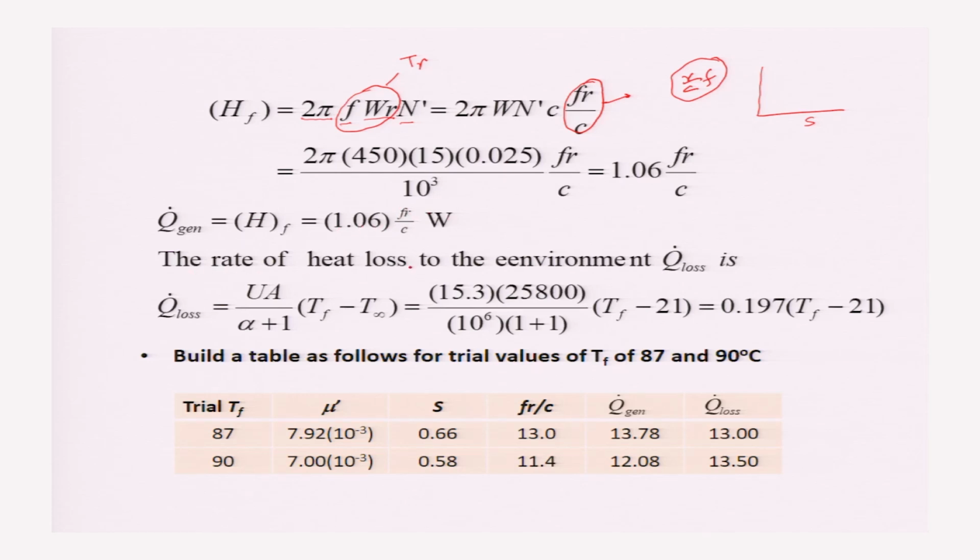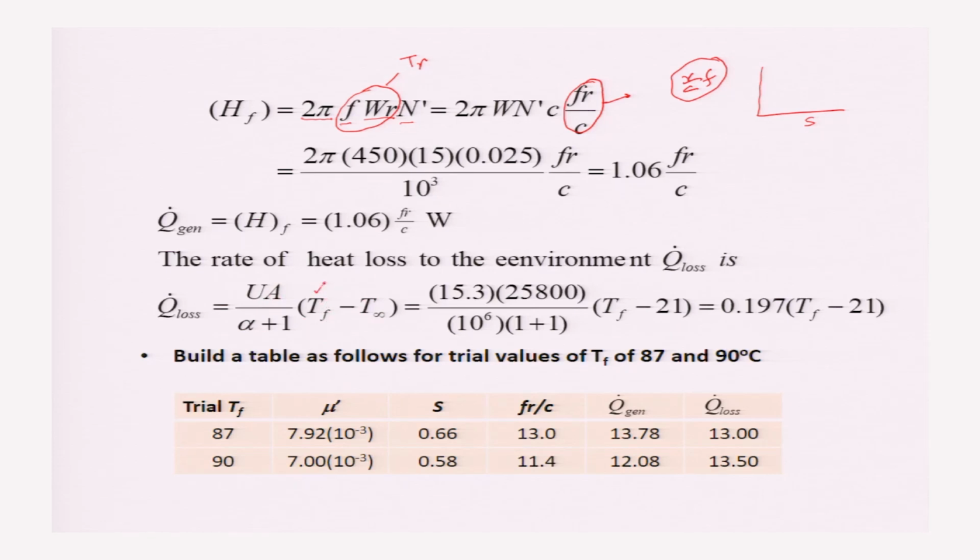Now, the rate of heat loss to the environment, Q loss, is given by U A times (alpha plus 1) times the fluid temperature minus the ambient temperature, where U is the overall heat transfer coefficient and A is the lateral area of the bearing surface.